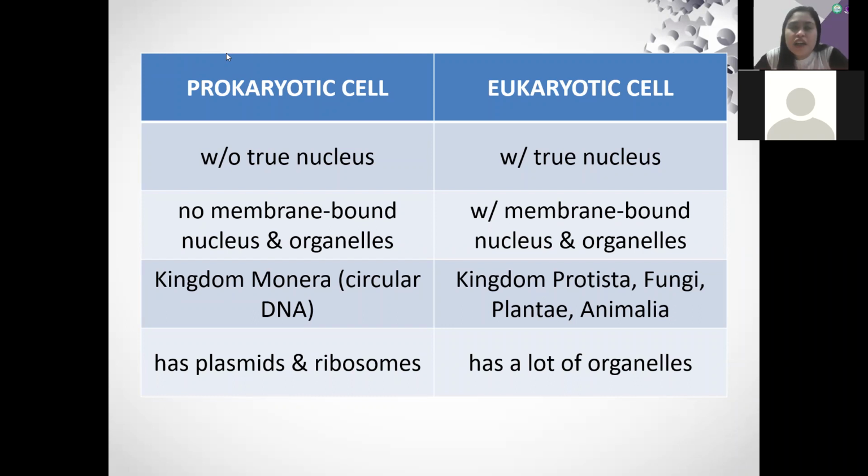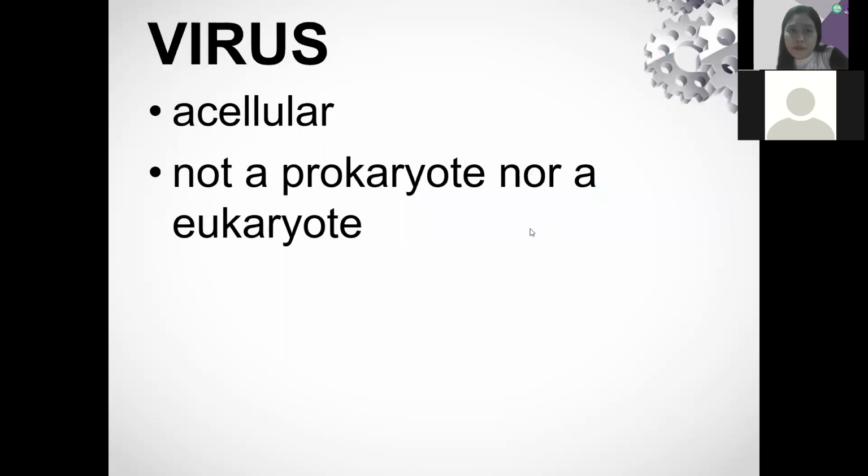Yung fungi natin, pwedeng molds, and the yeast. The molds and the yeast are under kingdom fungi. Then, syempre, the plantae and the animalia. So, again, under eukaryotic cells, we have nucleus and then we have organelles that are membrane bound.